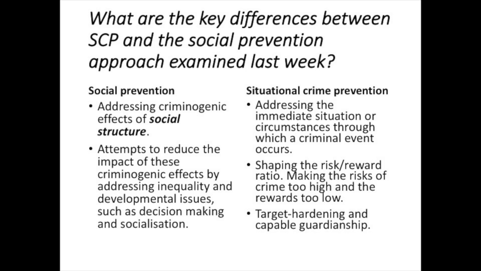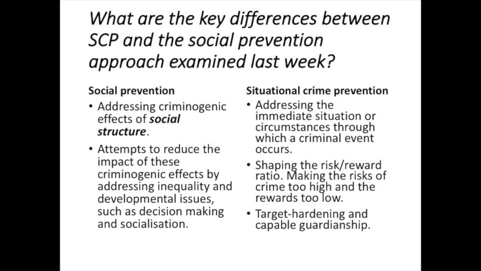Social prevention tries to reduce the impact of these criminogenic effects by addressing inequality and developmental issues. So you may recall that there were attempts to improve young people's decision-making abilities and also their socialization. That is, how they become incorporated into the broader society around them and how they interact with other people and develop relationships and so on.